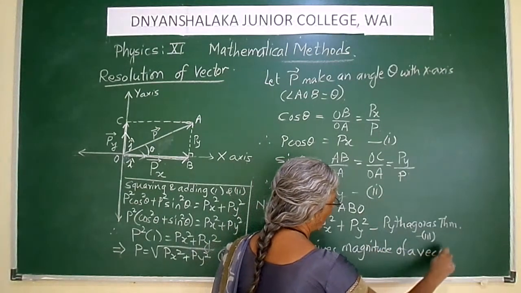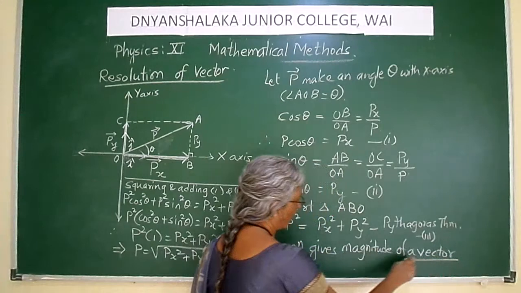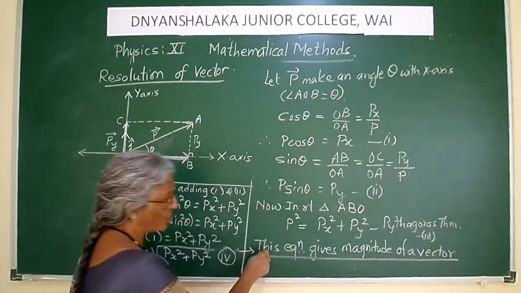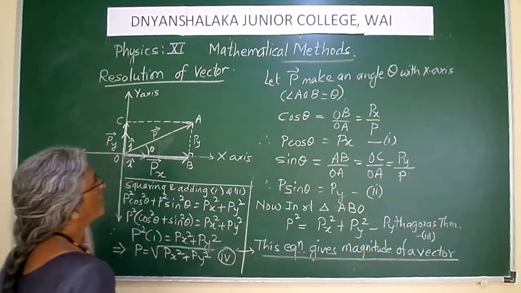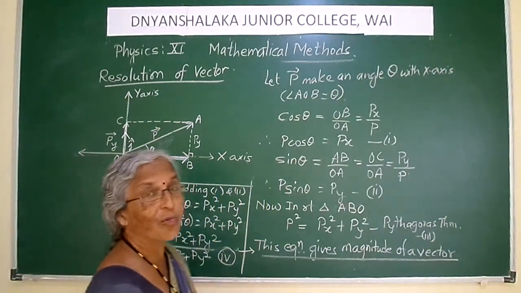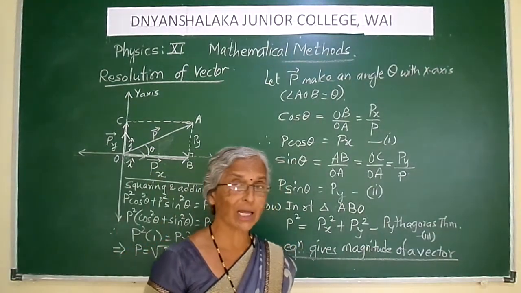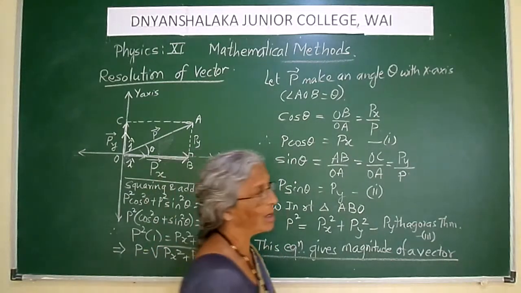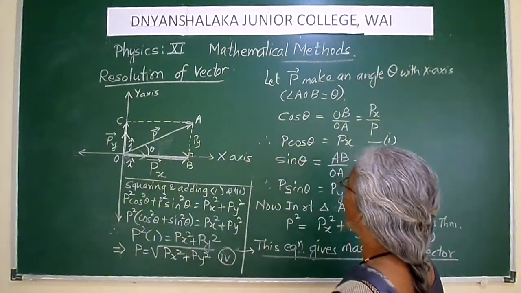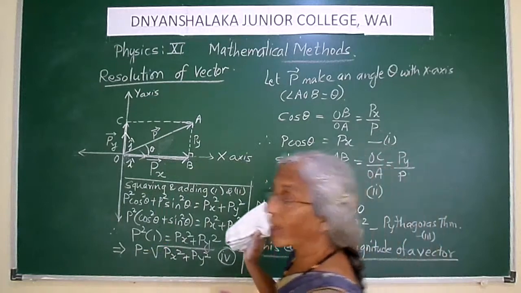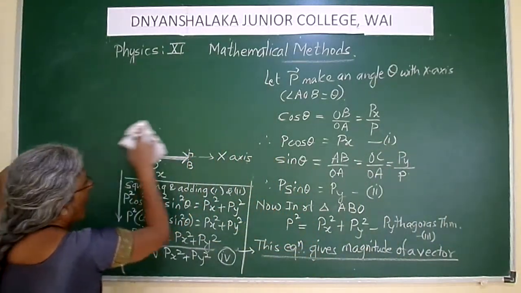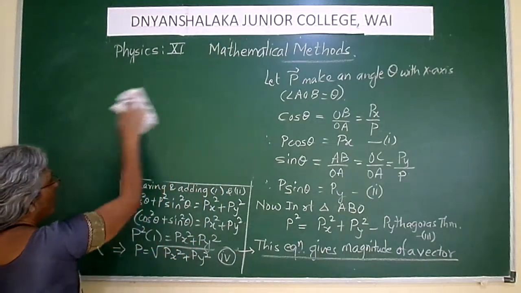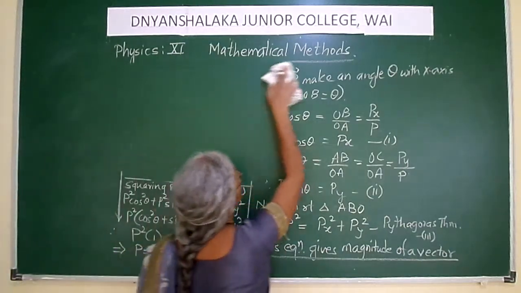So when we have to find the magnitude of a vector, we are going to use this formula. Are you getting it? Now we will go for some numericals that are based on this concept that we have studied. Revise this concept well, and now we will go for the numericals based on this concept.